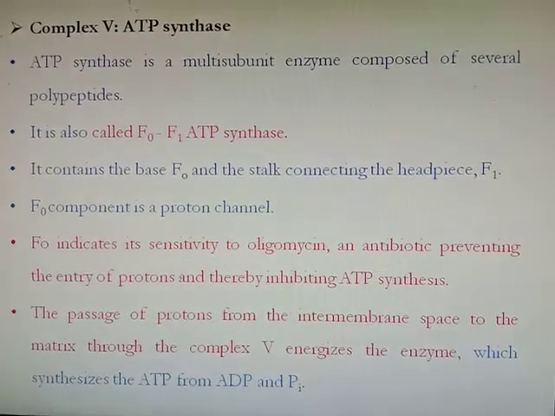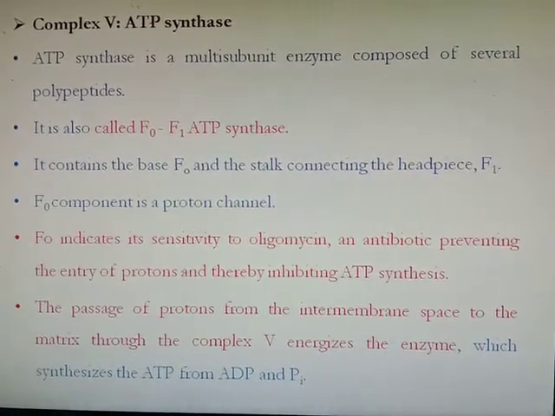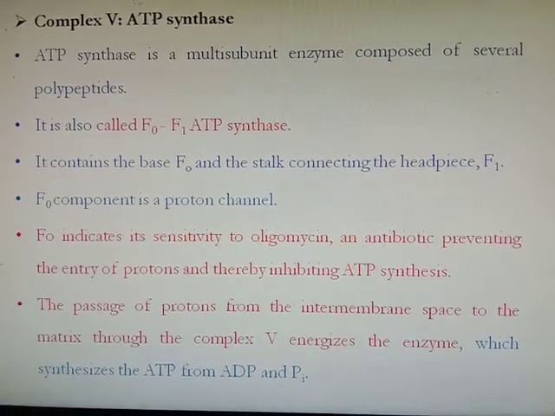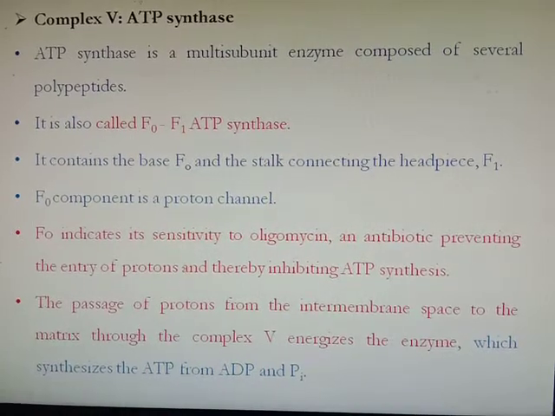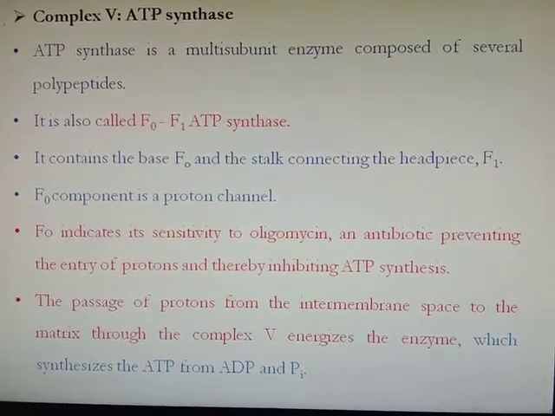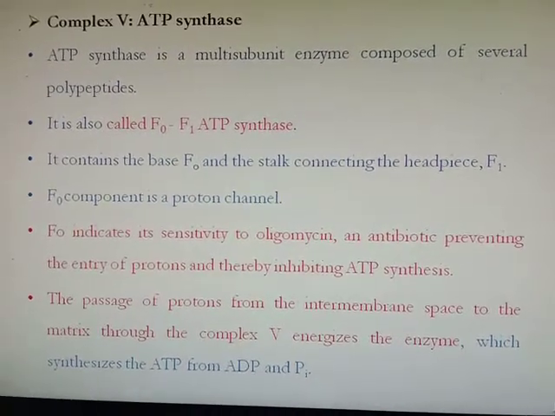The protons which are pumped during complex 1, complex 3 and complex 4 into the intermembrane space will move from the intermembrane space to the matrix through FO-F1 ATP synthase, during which ATP will be synthesized from ADP and inorganic phosphate.